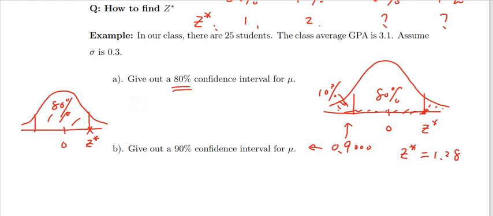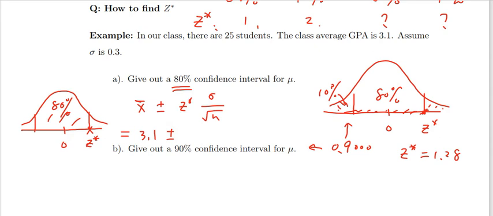So if we want to give an 80% confidence interval, we just use this formula. The formula is the same: x bar plus or minus Z star times sigma over radical n, right? Here we know x bar is 3.1, sigma is 0.3, n is 25.